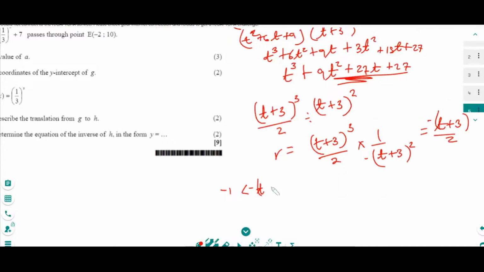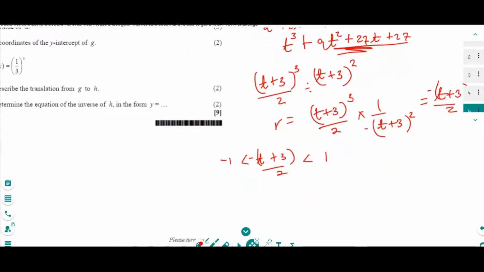So negative t plus 3 over 2 is less than 1. Can multiply through by 2, so that I have -2 is less than negative t minus 3, which is less than 2. So we say times 2, and then times 2. This cancels that.